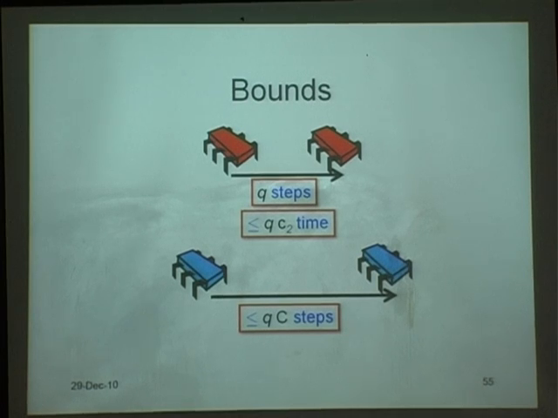In the worst case, the other process moves every c1 step, so it's c2 over c1. It could be that I'm moving slowly and the other one is moving fast, or vice versa, and those are the two extremes.